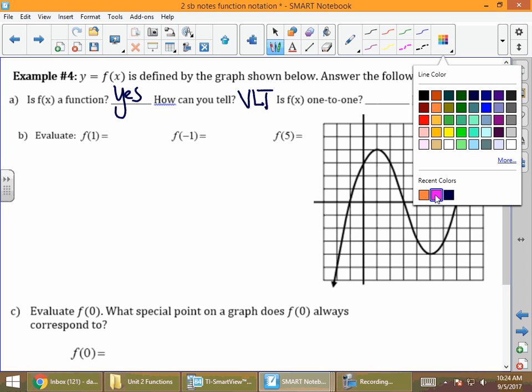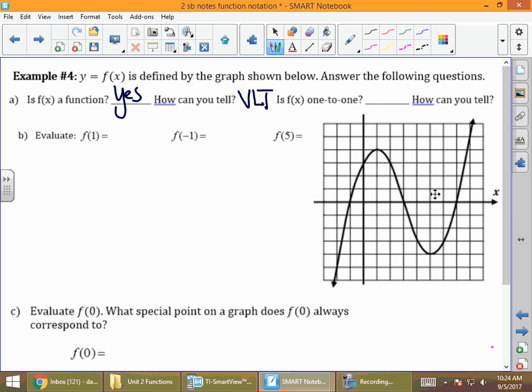Well, is the function 1 to 1? And how do we know there? It's the other one, which I'm going to write HLT for horizontal line test. Again, don't write this in on your paper. It'll just be confusing. But the horizontal line test says, as long as a horizontal line never touches the graph more than once, it will be 1 to 1.